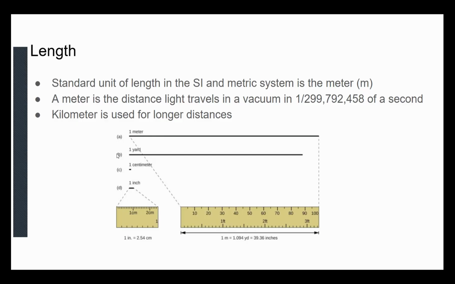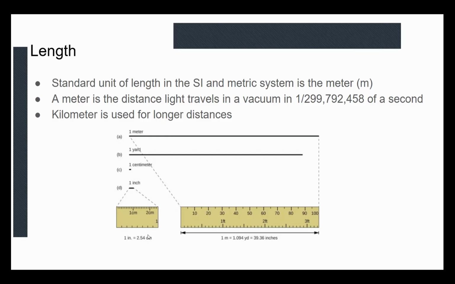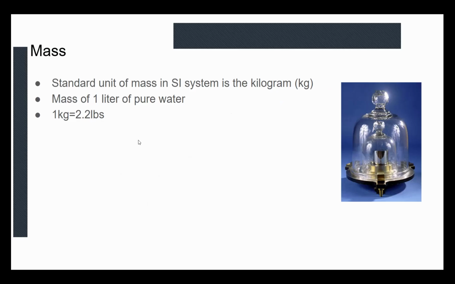So you can imagine how quickly light travels. Here you can see that 1 inch equals 2.54 centimeters. I've used that in converting lengths more often than I could tell you. Quite frequently, even now, I still use that measurement conversion.